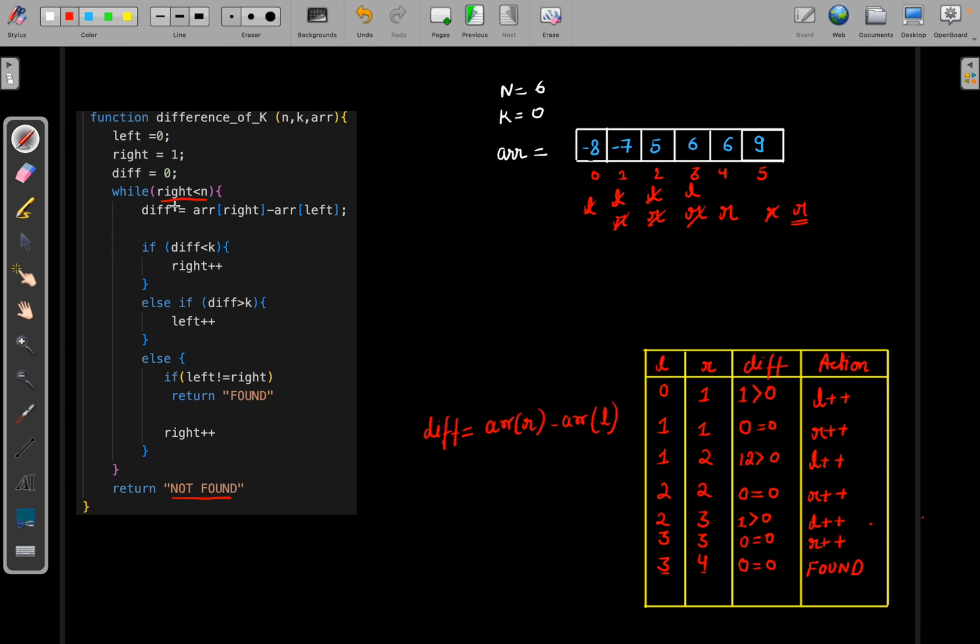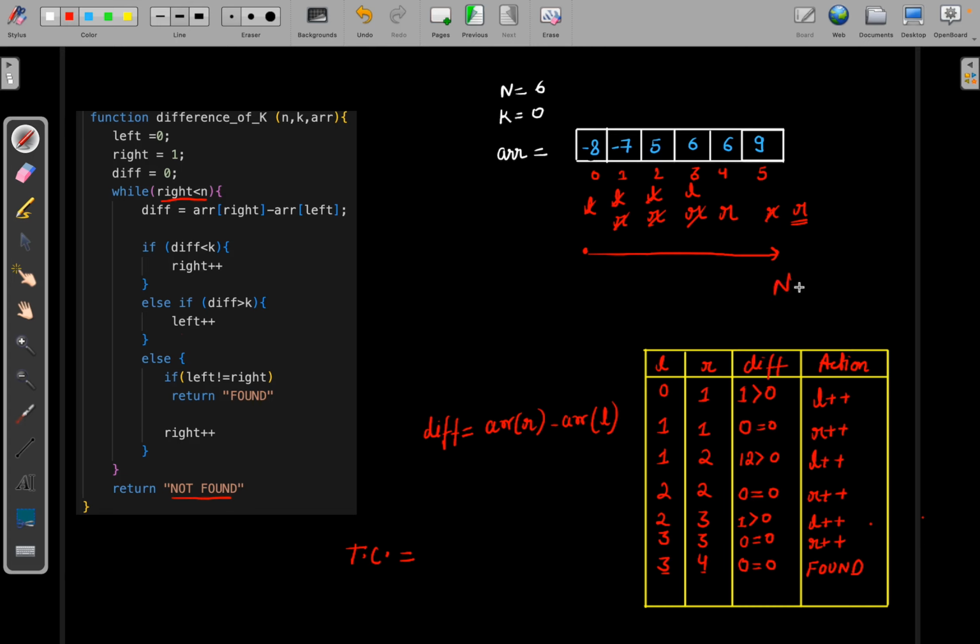So now let's discuss the time complexity of the code. Here you are using two pointers, and even in the worst case your r pointer will start from here and go till here. The worst case can be your r pointer moving once, left pointer also moving, then r pointer moving, left pointer also moving, but that is still one iteration.